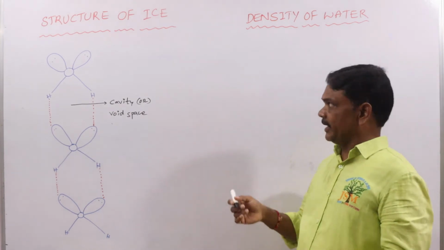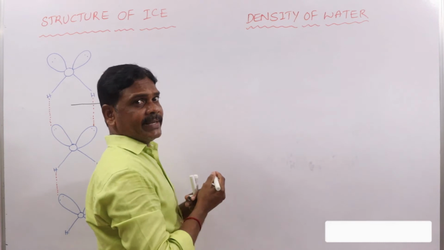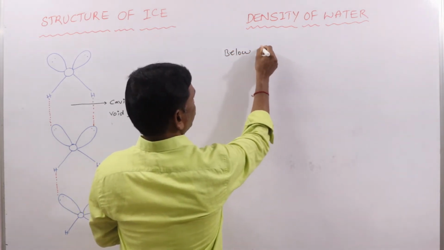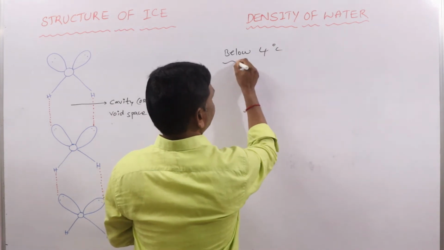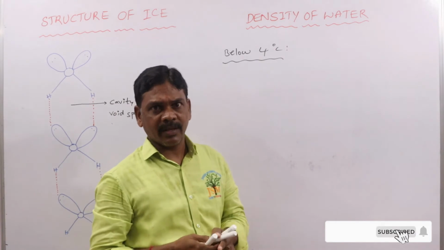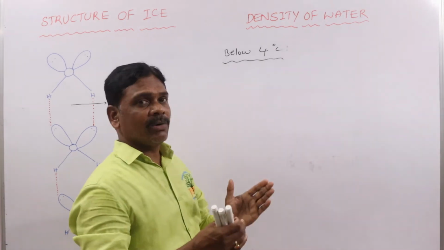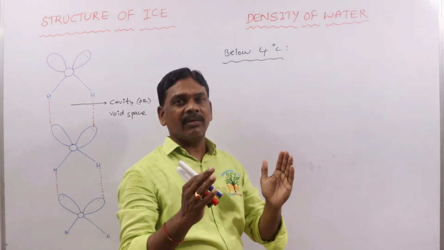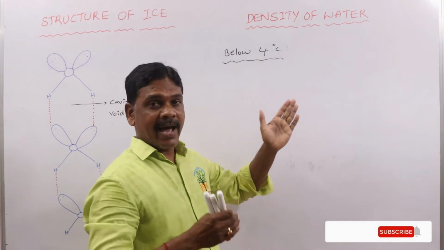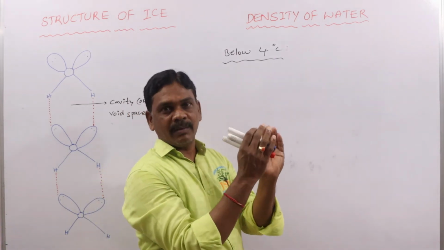At below 4 degrees centigrade, if we heat water, what happens? The hydrogen bonds present between water molecules will be broken. As a result, all water molecules come together.